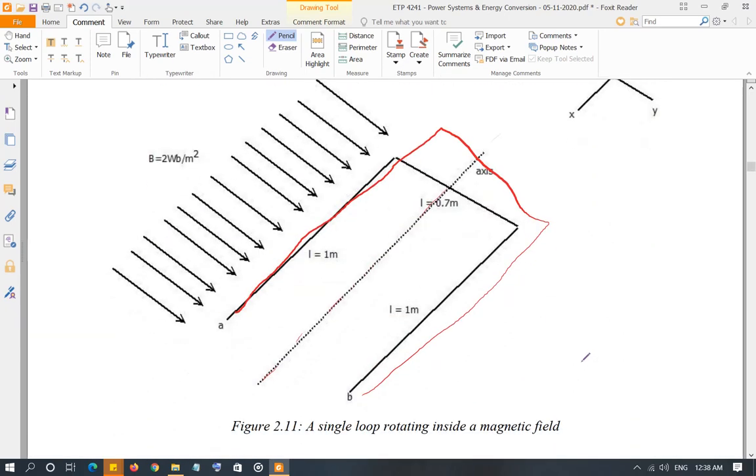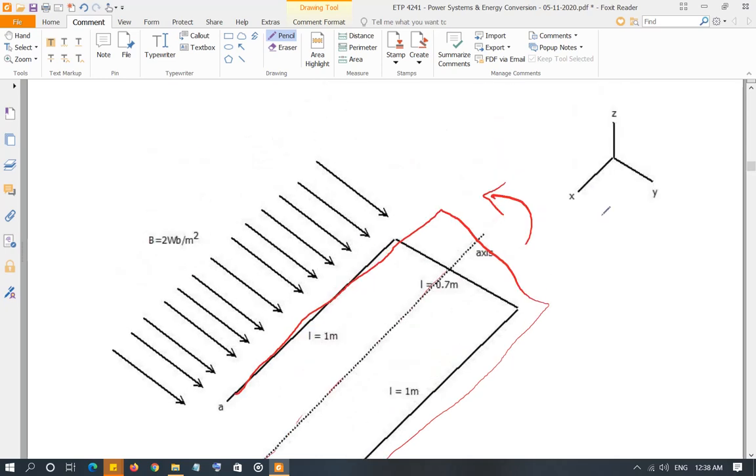So it is rotating in counterclockwise direction about this axis. Question is, what is the voltage, and this is your XYZ right here. So observe B is in the direction of the positive y-axis, and the velocity, it is doing counterclockwise.